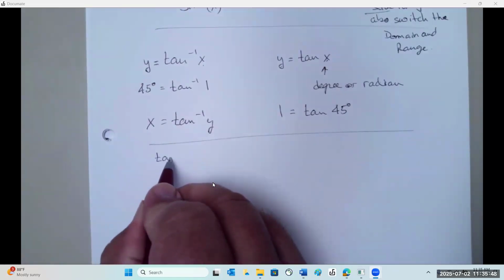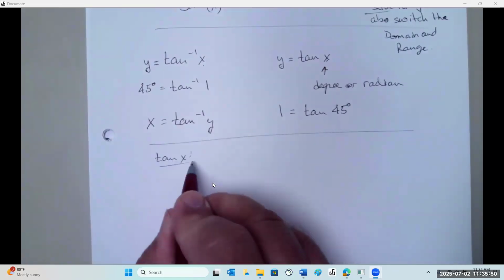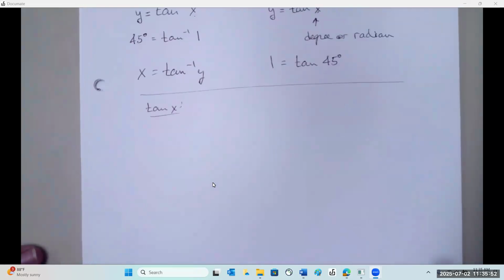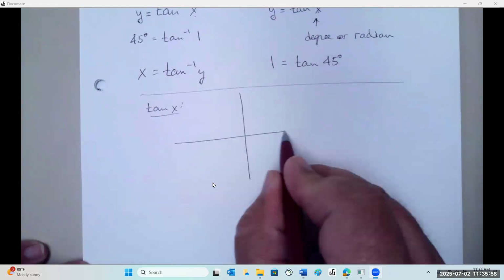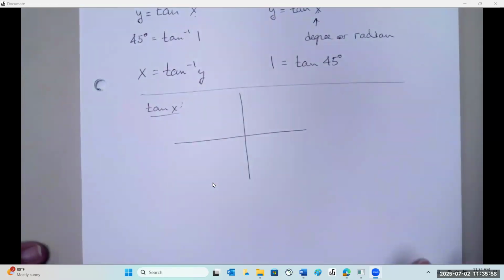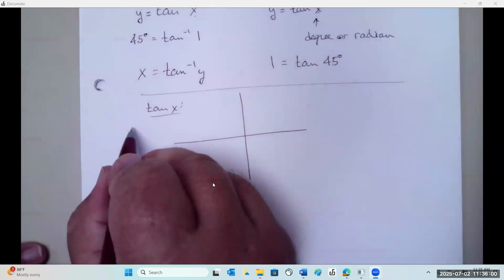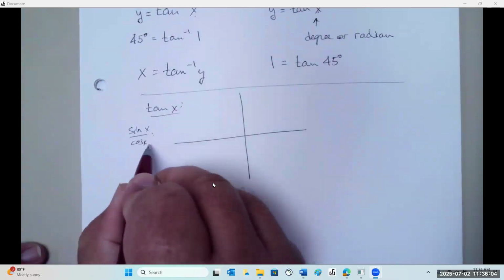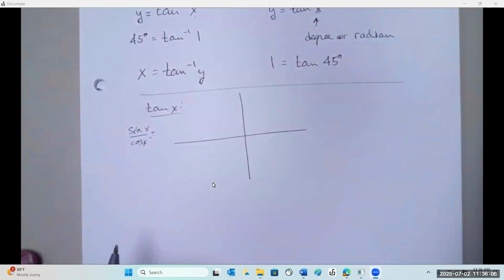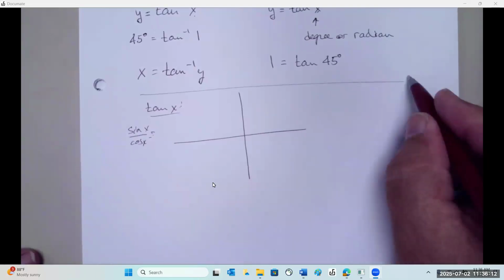What does the tangent function graph look like? Yeah, because it's sine over cosine. Where is cosine equals 0? Think of the unit circle.